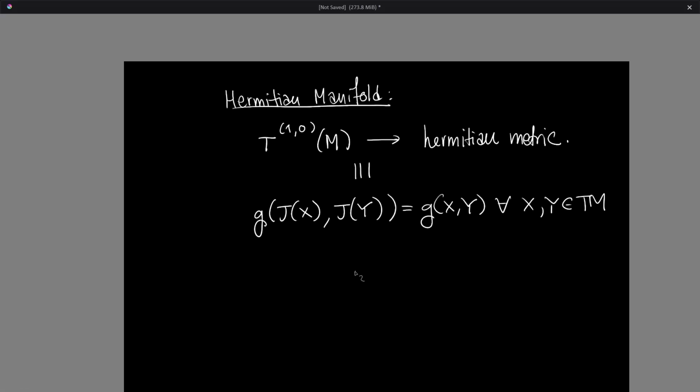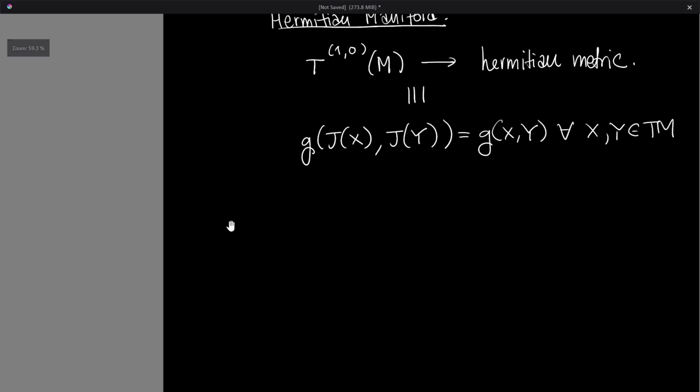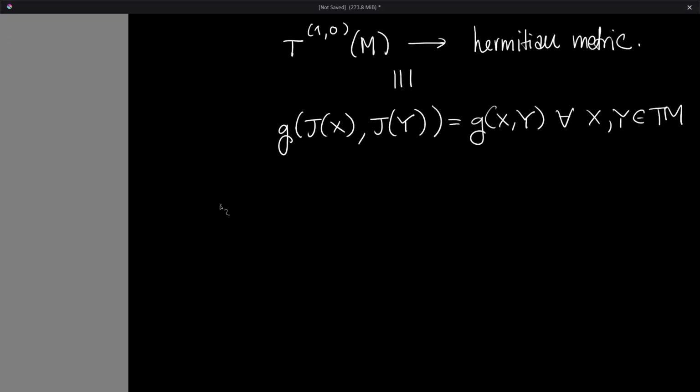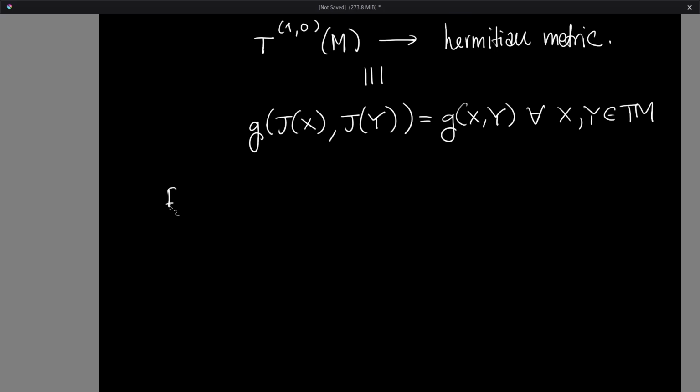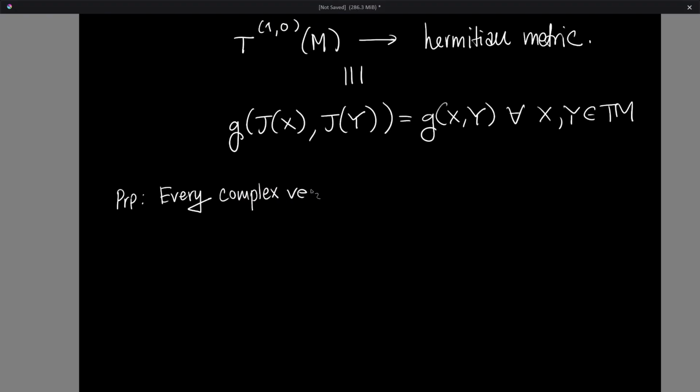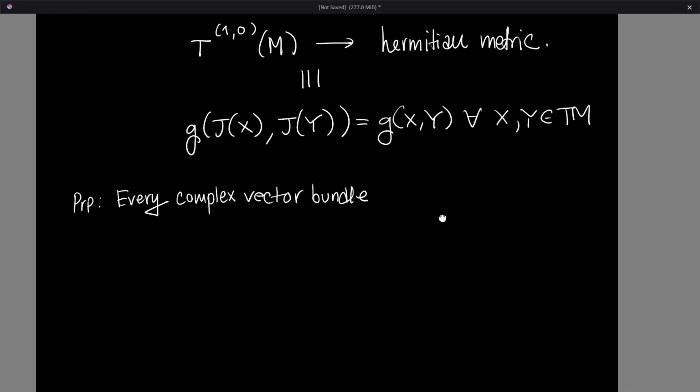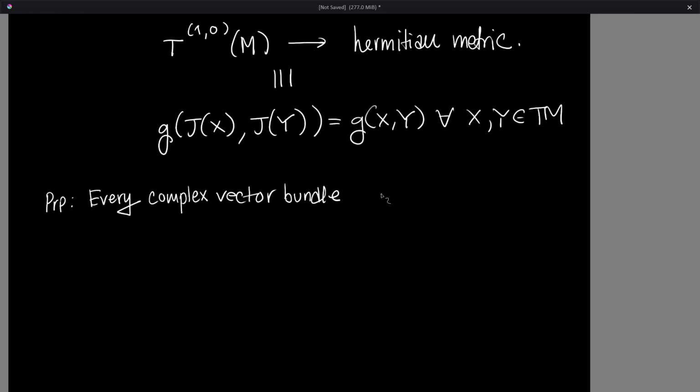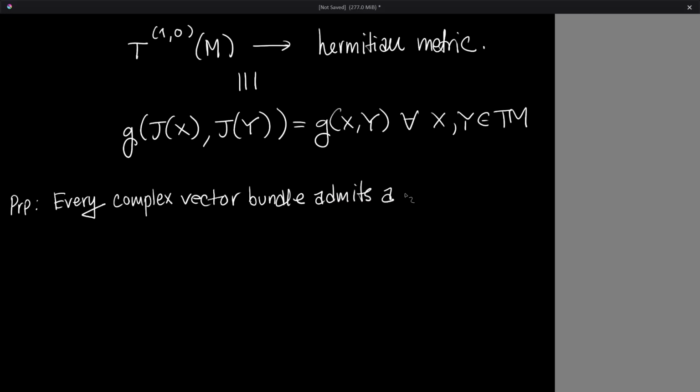So our first proof for the lecture is going to be to prove the proposition that every complex manifold, I said complex manifold, I meant complex vector bundle. Every complex vector bundle, I just talked about how metrics are defined on vector bundles, and then I said manifold. Every complex vector bundle admits a Hermitian metric.